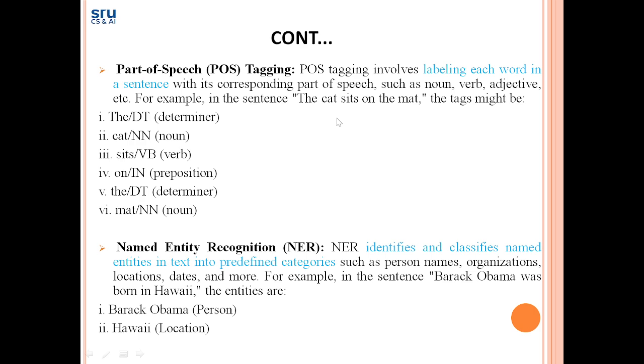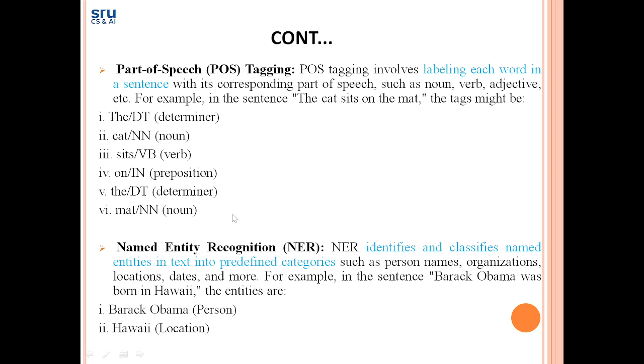For example, the cat sits on the mat. The tag here: the, determiner; cat, noun; sits, verb; on, preposition; the again, determiner; mat, noun.